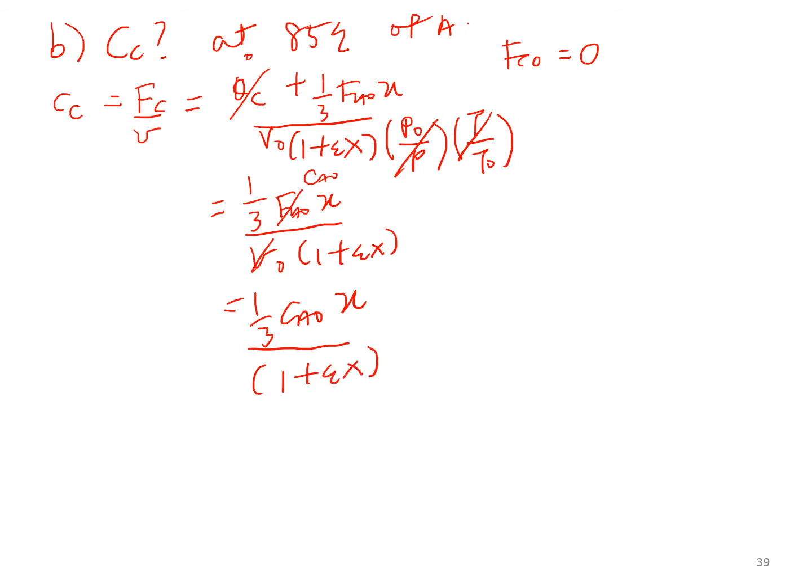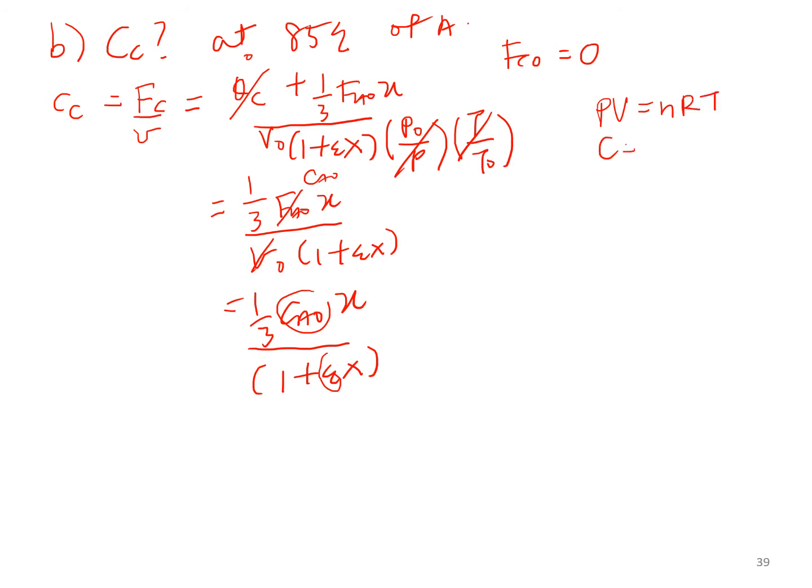Some information is not available from the question, which is the CA0 and also the epsilon. So you need to get the value of CA0 by using the ideal gas equation, PV is equal to nRT.